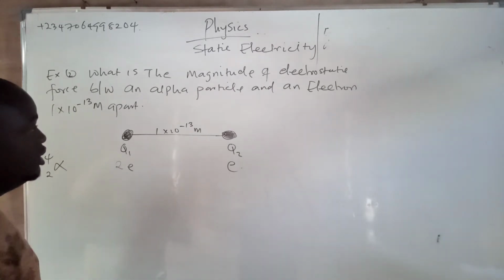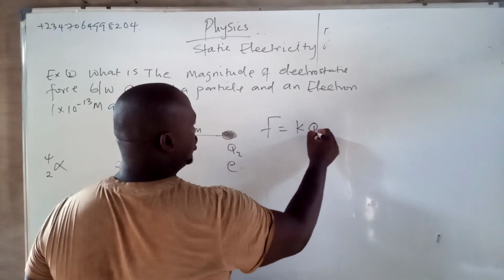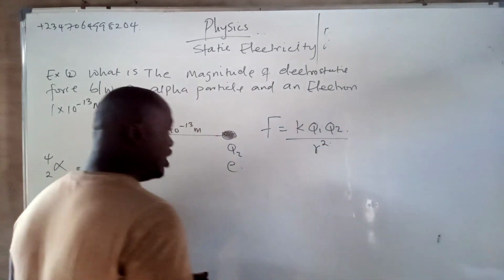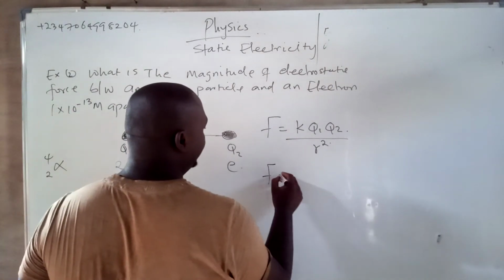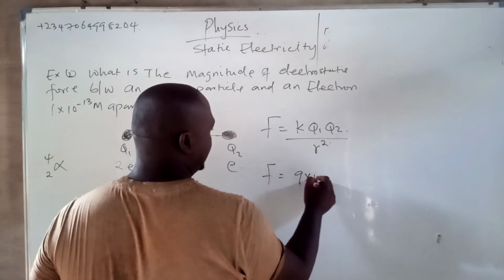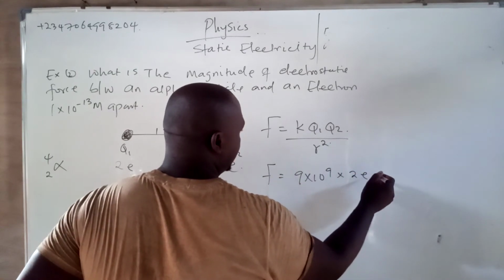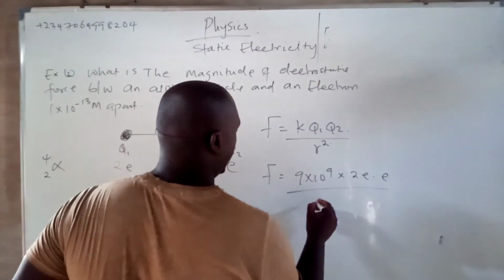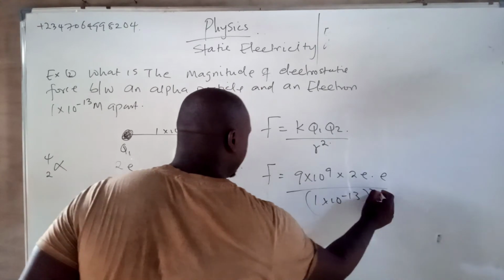It's so simple. Now all you need to do is remember that the force is K, Q1, Q2 all over R squared. Now you just put it in and your answer will flow naturally. So you have 9 times 10 to the power of 9 times your Q1 is 2e times your Q2 is e all over 1 times 10 to the power of minus 13 all in square.